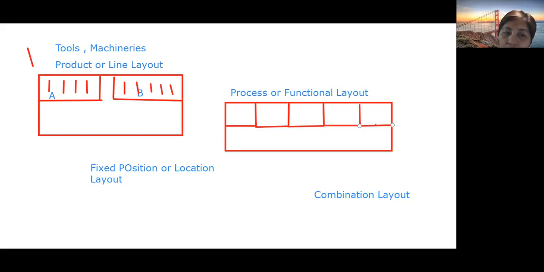Just like the example I mentioned a while ago, for example in this room, this is the machine performing the drilling. So this room is for the drilling, letter D. Okay, next room is for casting.